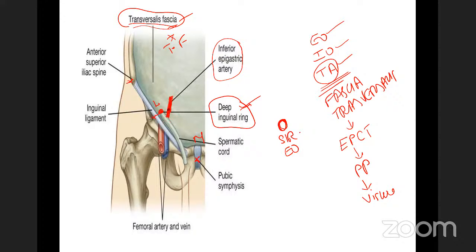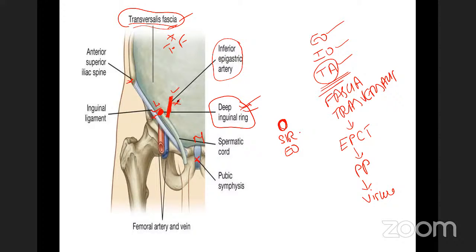Just remember, the opening of the deep inguinal ring is placed lateral to the inferior epigastric artery. Therefore, any bulge, any hernia here, is known as an indirect hernia. We will study it later, but for now, remember the deep inguinal ring is placed lateral to the inferior epigastric artery. So that was about the transversalis fascia.